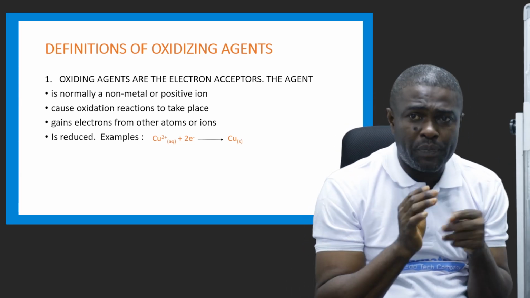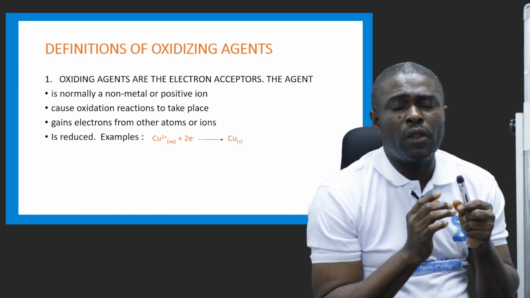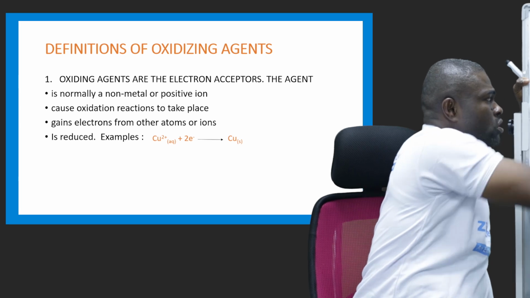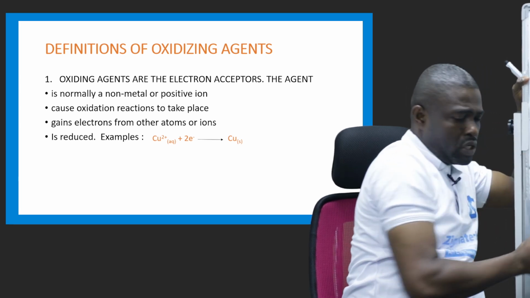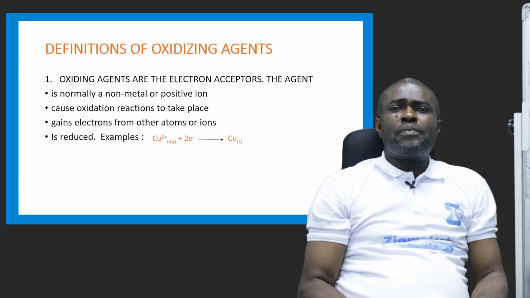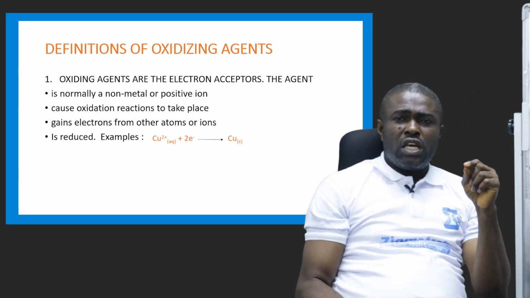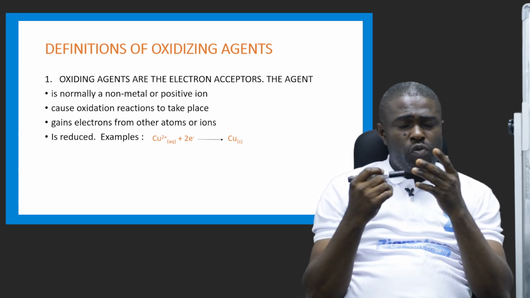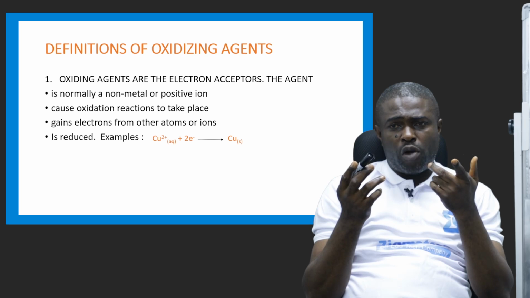Now let us go deeper to know this oxidizing agent using specific equations, full equations that are Redox equations. It says that an oxidizing agent is usually a non-metal. There are more of non-metals. Yes, you may argue a little about the copper 2 ion there.